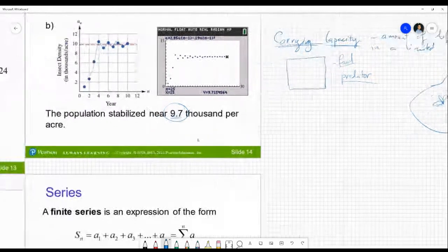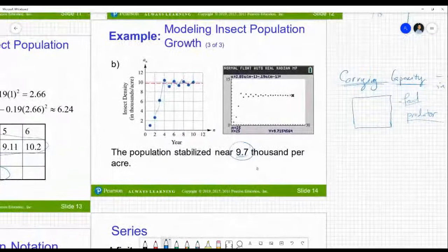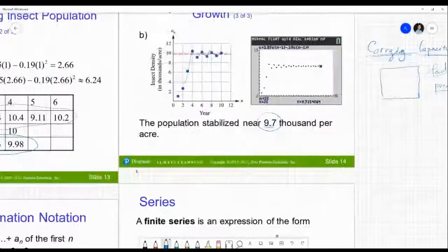So therefore, we cannot continue to grow at the rate that we're growing right now. If you look at the world population 70 years ago, we almost doubled the world population. So yeah.